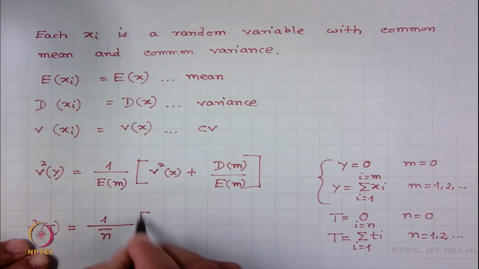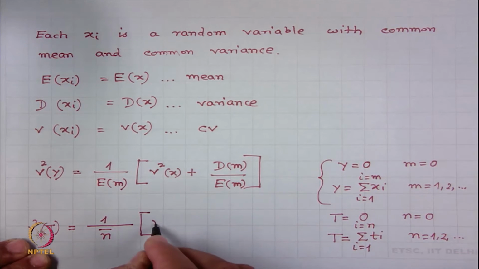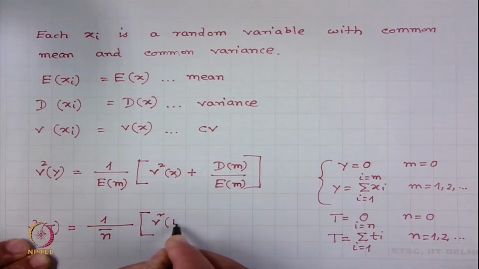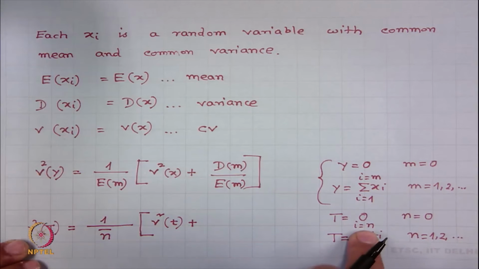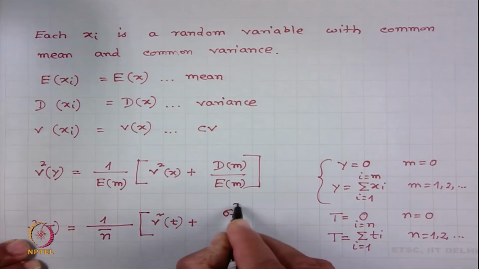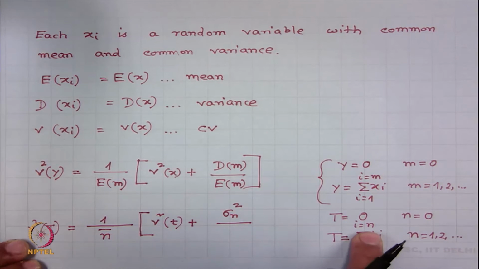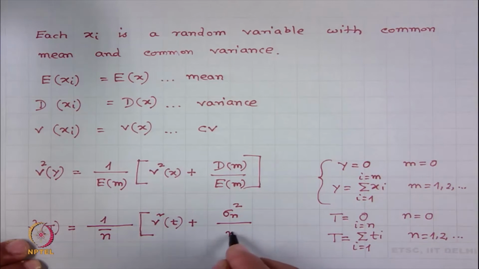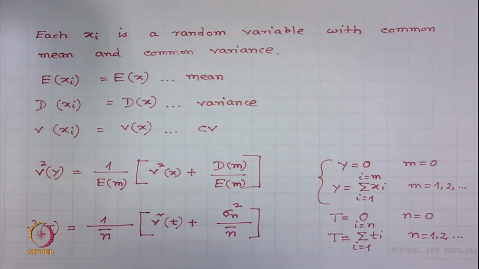into the square of CV of fiber fineness, plus variance of n divided by expectation of n, right.